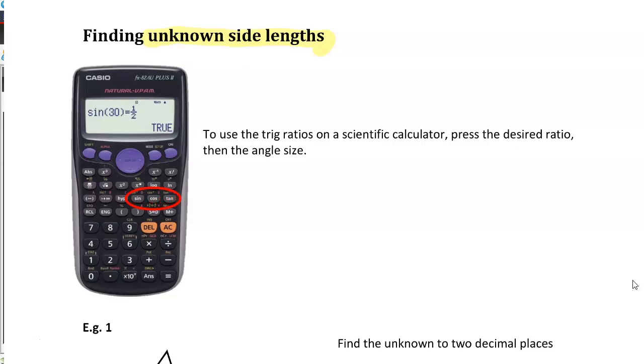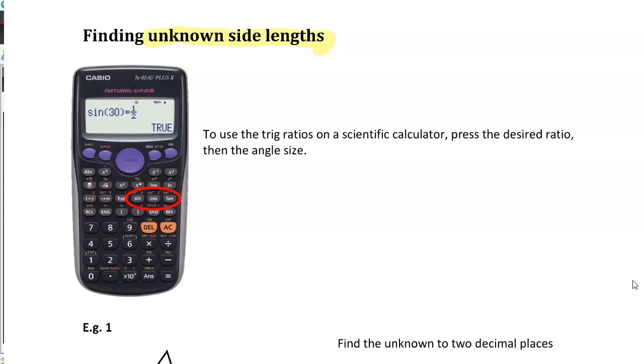Usually you press the button, then put in the degrees, which is the angle size, and hit equals, and it'll give you what that's equal to. Now yours should all be in degrees. There is another way called radians, but scientific calculators are usually just in degrees.